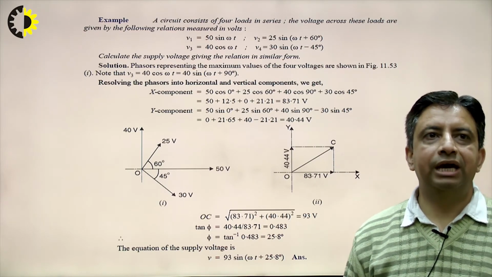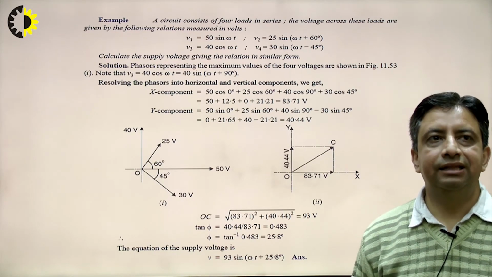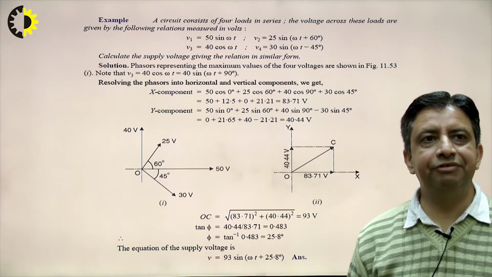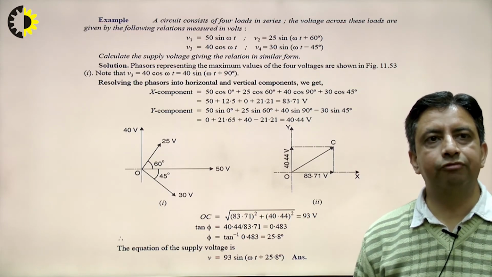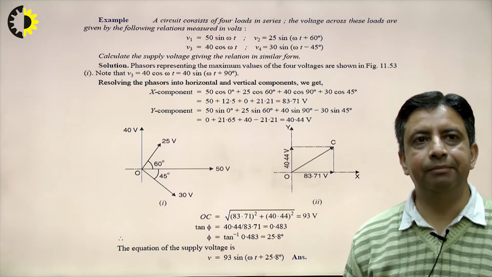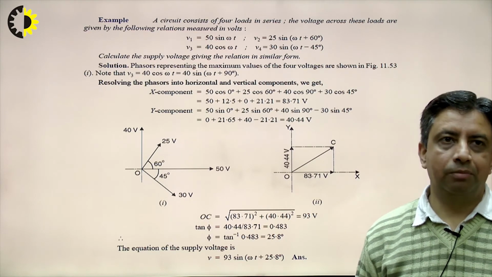We have to calculate the supply voltage and write it in the expression form. So, again we will take the help of the method of components. First we will resolve all of them into horizontal components and vertical components.